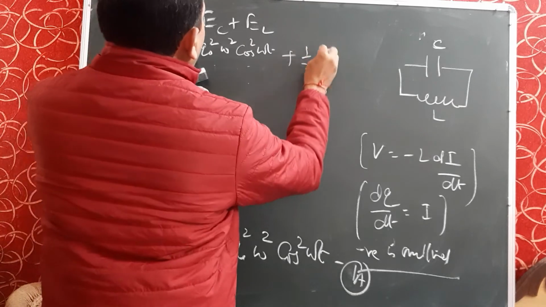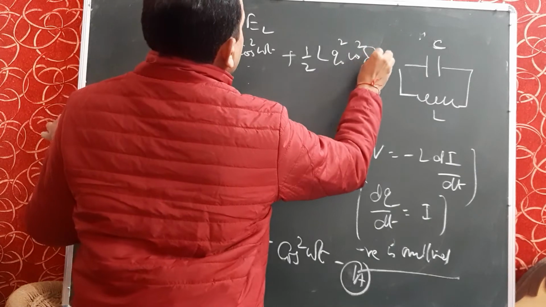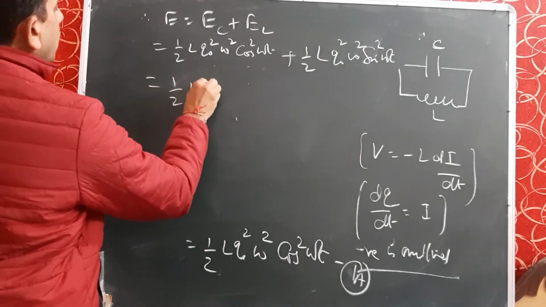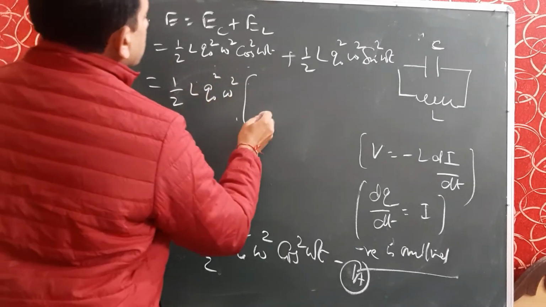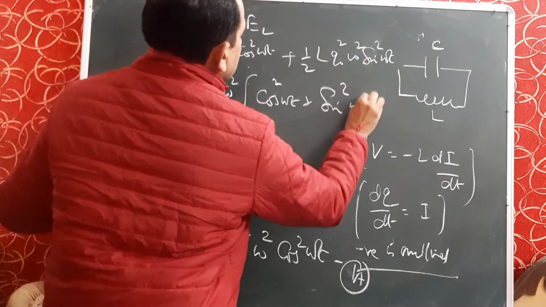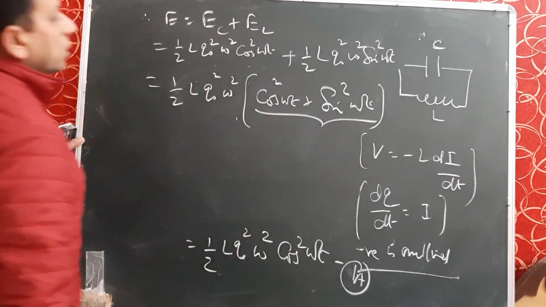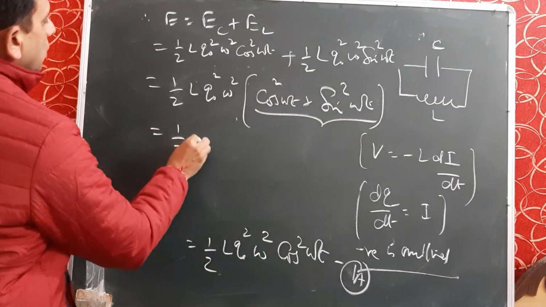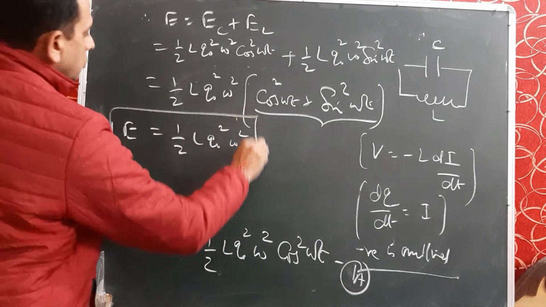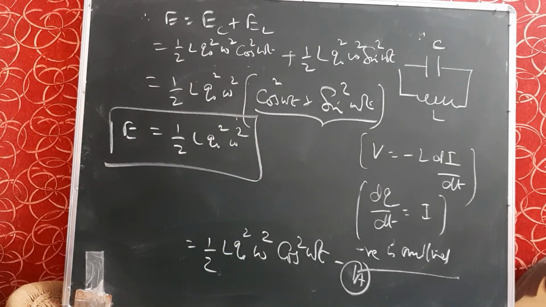It is again the same, half L q naught square omega square into sin square omega t. So, taking common half L q naught square omega square, it is cos square omega t plus sin square omega t. We know that the value of cos square omega t plus sin square omega t is 1. So, it is half L q naught square omega square. This is the total energy stored in the electrical oscillator.